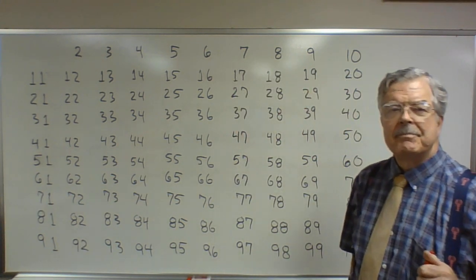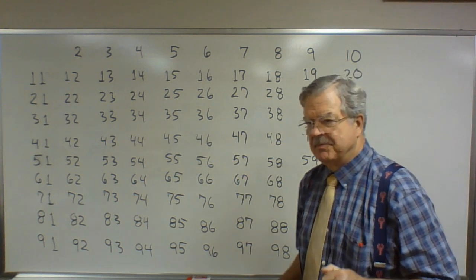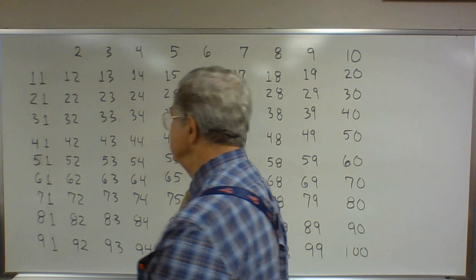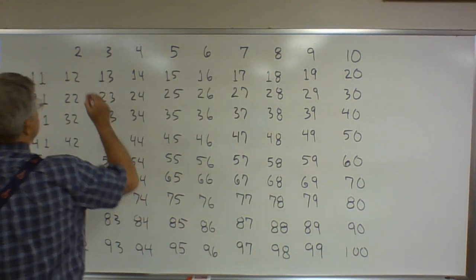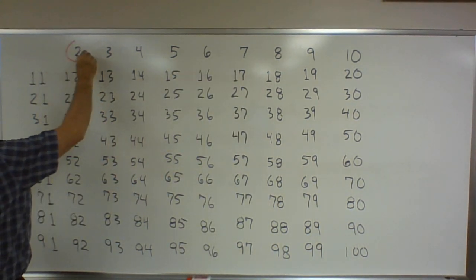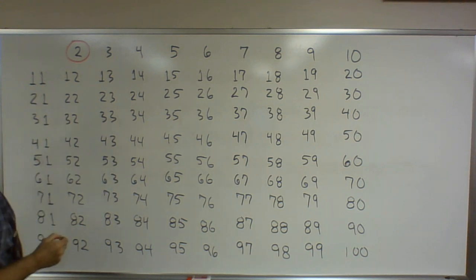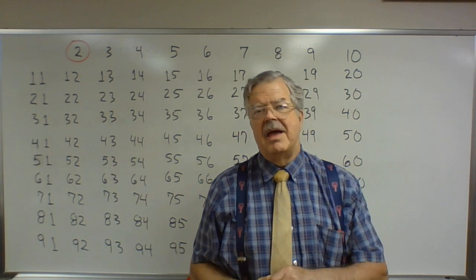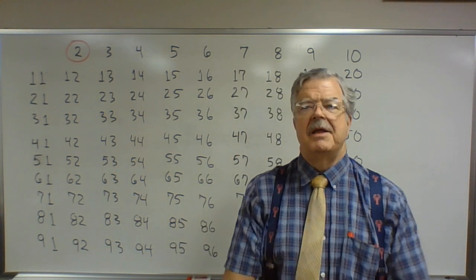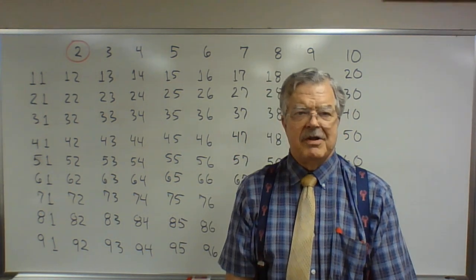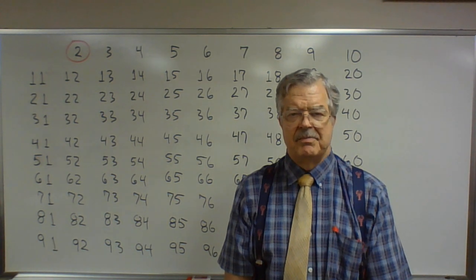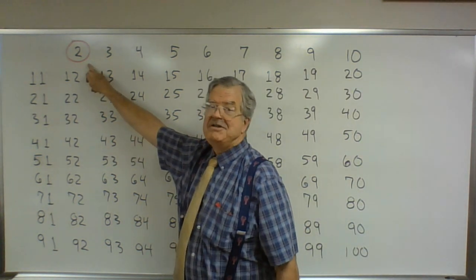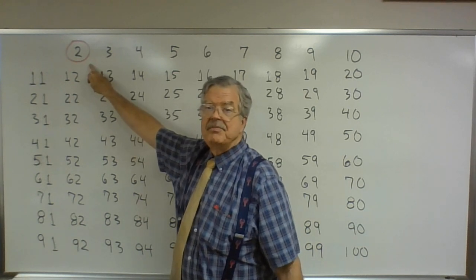Now, here's the strategy. We look at 2, which is the first prime, and we reason this way. Every multiple of 2, other than the fundamental, this is 1 times 2, it's prime.